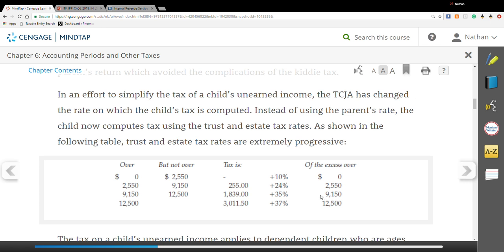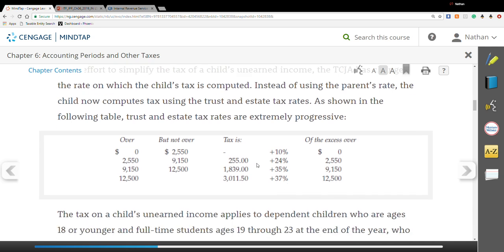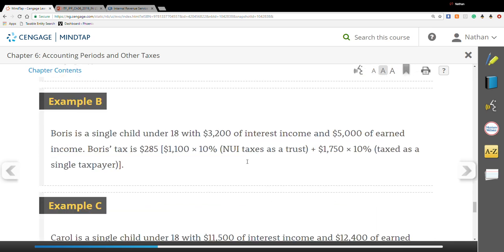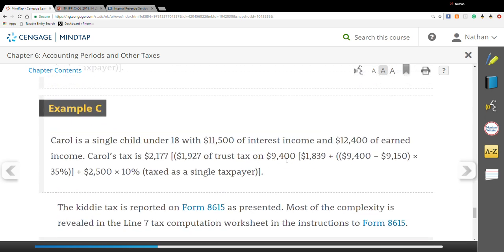So 9,400 minus 9,150, that excess, which is about 350, has to be multiplied by 35% and then added to 1,839. So back to her, that's why we got that, and that's where the 1,927 comes in.